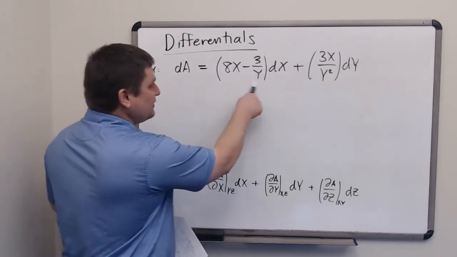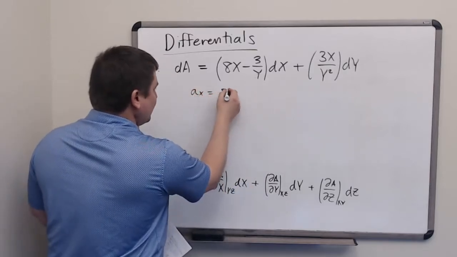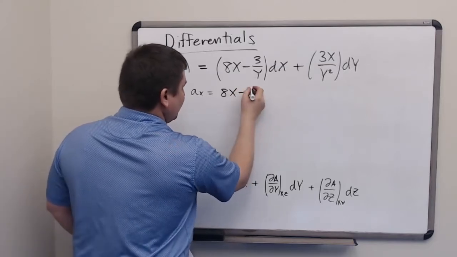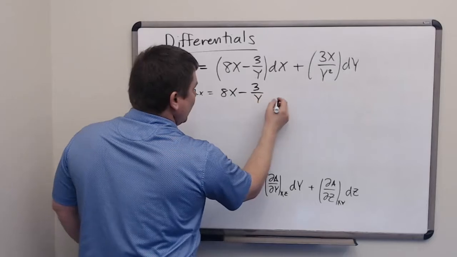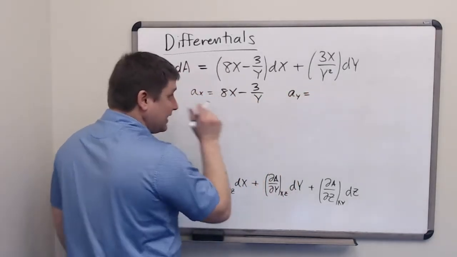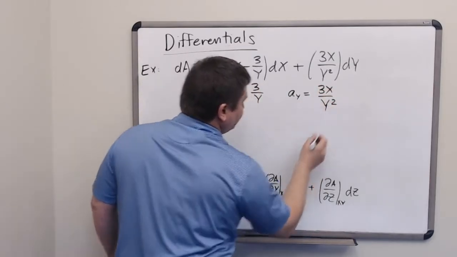Now, if we look at these two functions here, we can identify what we're seeing. The lowercase a_x is this first term in parentheses, 8x minus 3 over y, and the lowercase a_y is 3x over y squared.